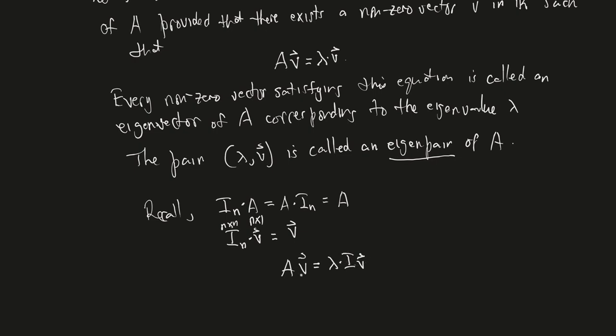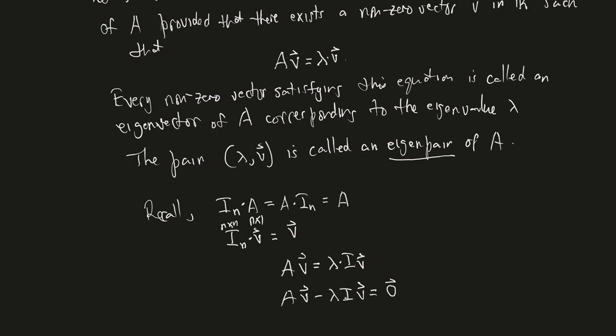Now, since we're going to try to solve this, one of the things we do many times in solving equations is to bring all the unknowns to one side. In this case there are two unknowns: the scalar and the vector. So I'm going to move everything to the left, so minus lambda I v, and on this side I would have the zero vector. We have to remember that this is a vector now.